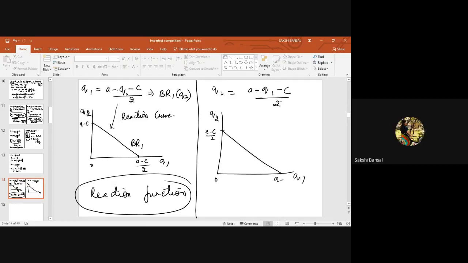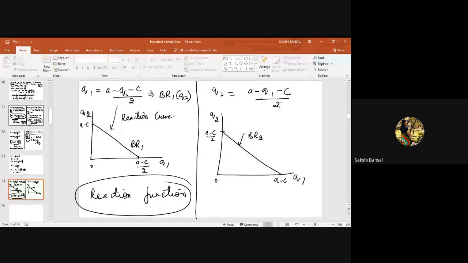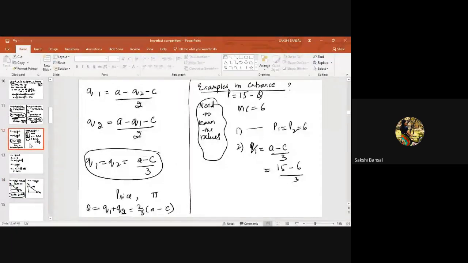Something like this will come. In the Cournot model, what I have done, I am solving these two equations. Only then did my Cournot answer come.